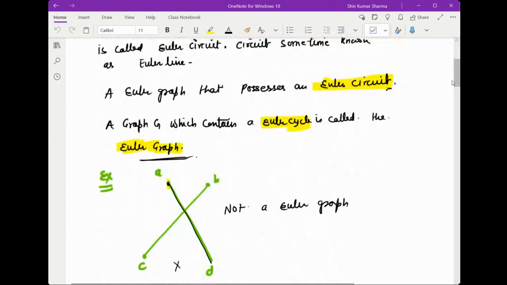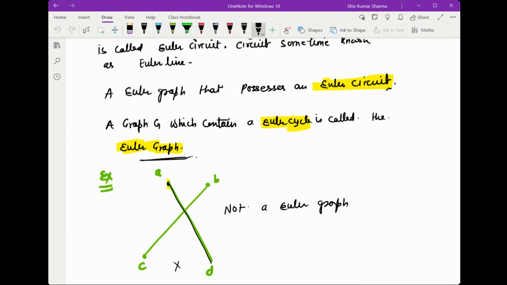So we take this example. We have to show whether the given graph is an Euler graph or not. We draw 4 vertices. We start our visiting from vertex A, move to these vertices and reach vertex D. But there is no way to visit B or C. We do not talk about the vertices; we say that we visit every edge exactly once.